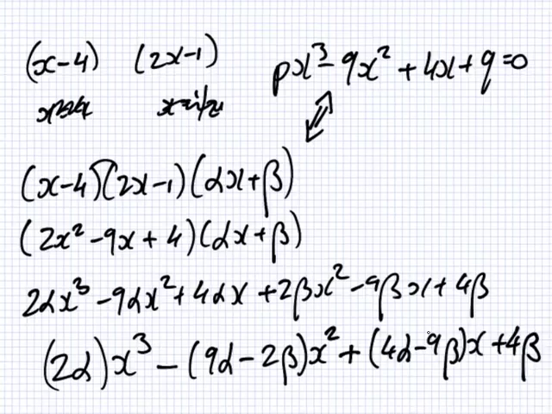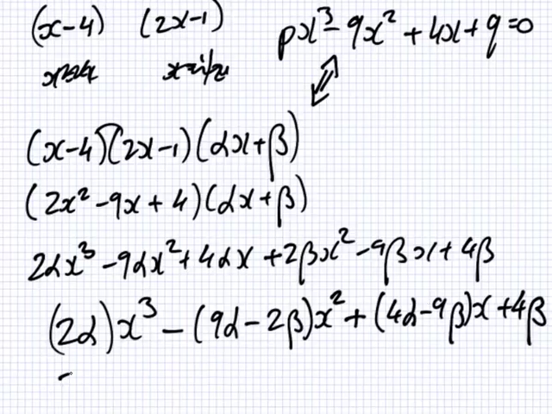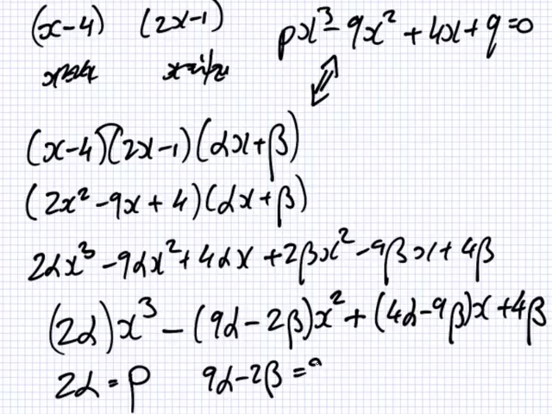And it should match up. So that should mean that 2 alpha should be the same as p. 9 alpha minus 2 beta should be the same as 9. 4 should be the same as 4 alpha minus 9 beta. And q should be the same as 4 beta.